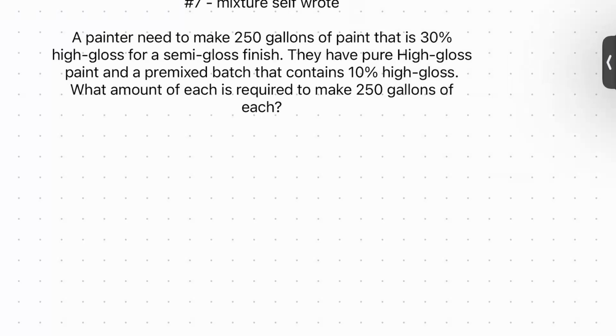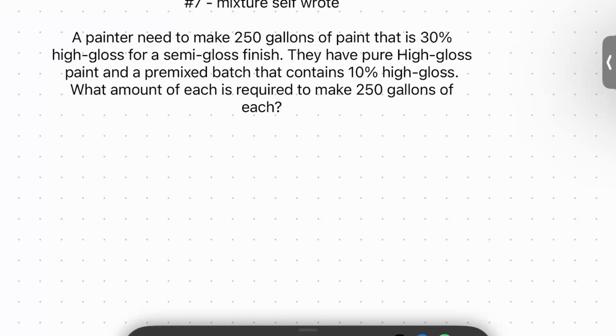So we've got a self-written problem. A painter needs to make 250 gallons of paint that is 30% high gloss. So we've got high gloss, and a premixed batch that contains 10% high gloss.